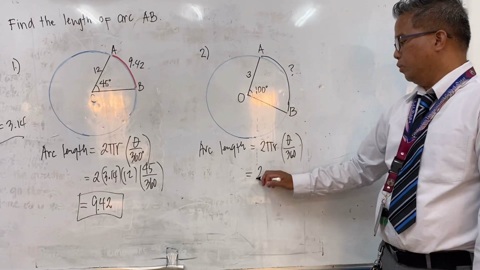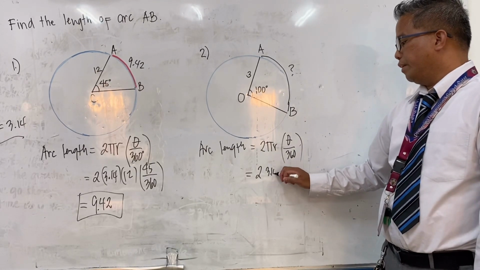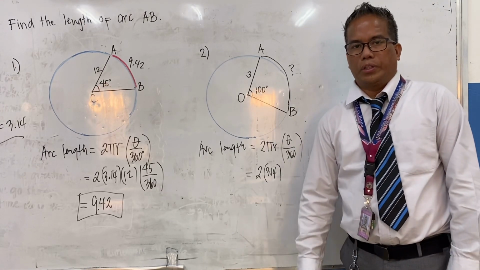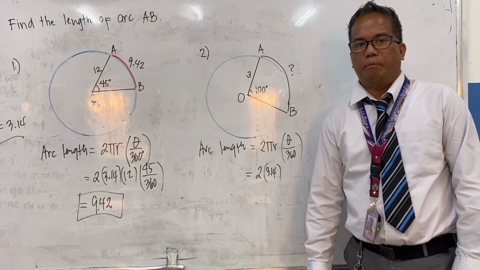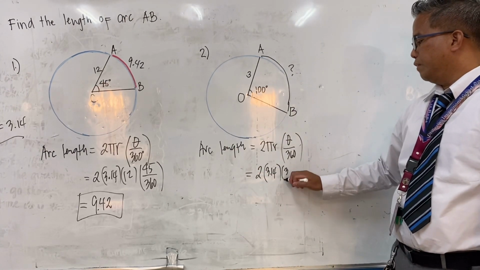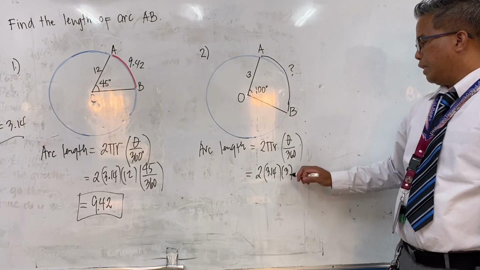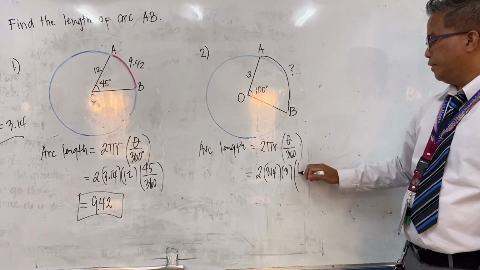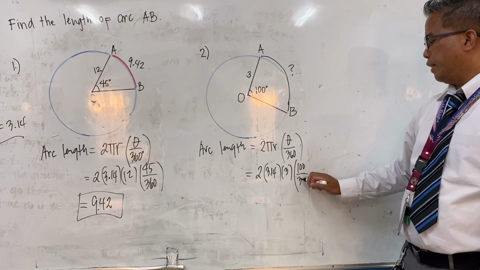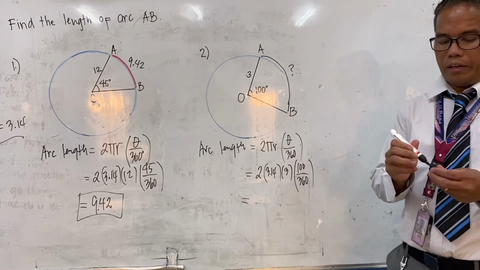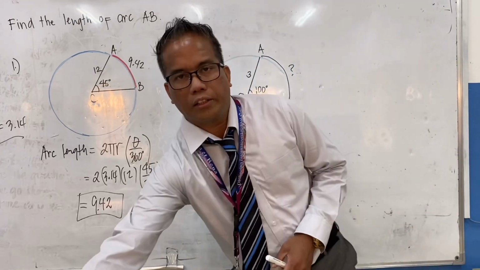We have 2 times 3.14. Here, class, we are going to use 3.14 as the value of pi. The radius is equal to 3, times theta, 100 over 360. Again, you can use your calculator.